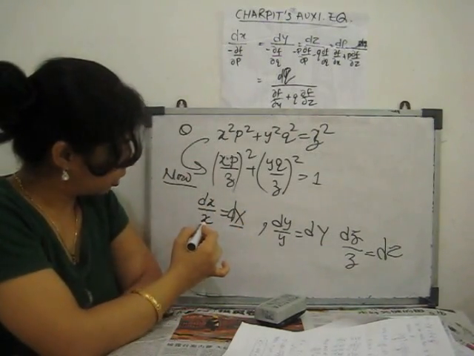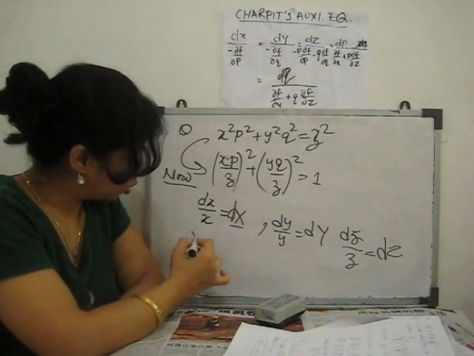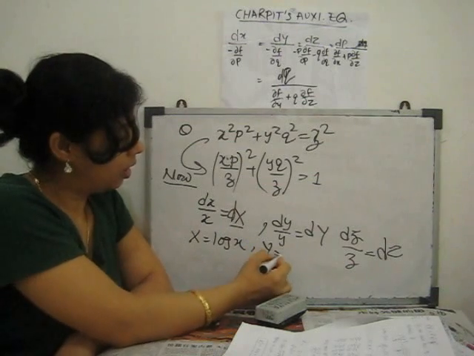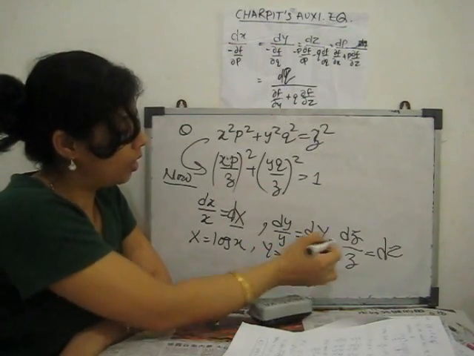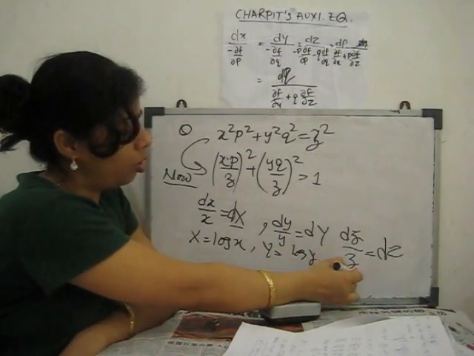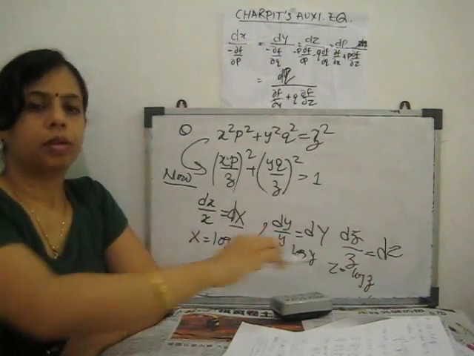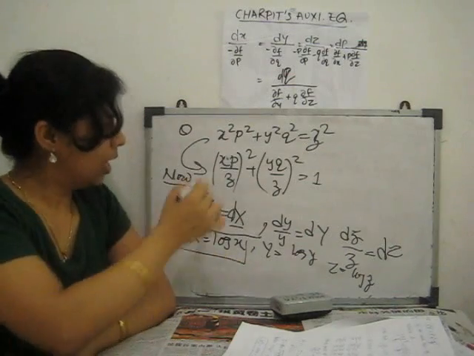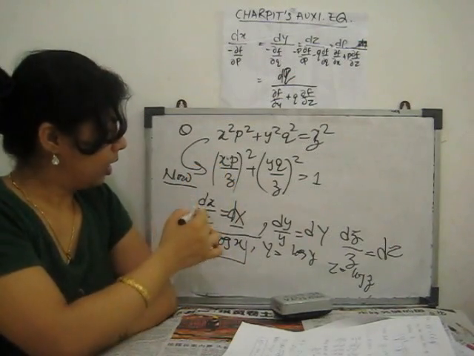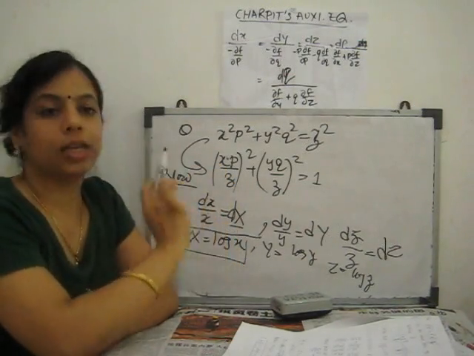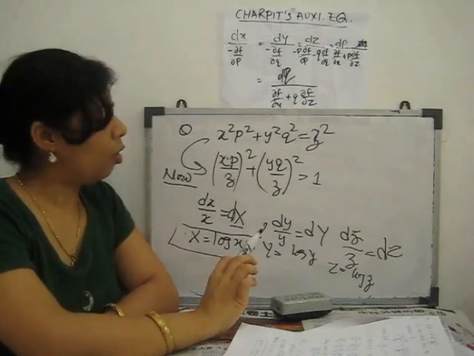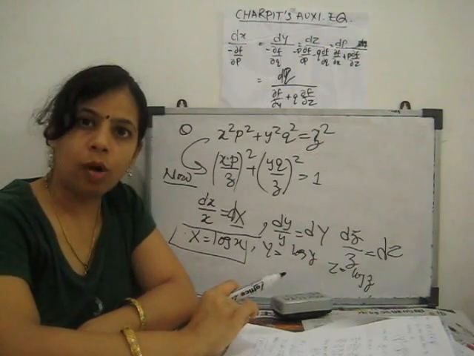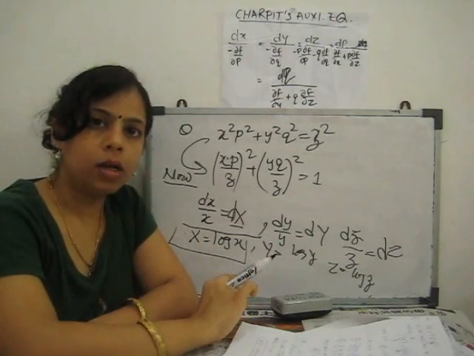Integrate it: dx by x is log x, so capital X equal to log of small x, capital Y is log of small y, capital Z is log of small z. So what is our substitution? At the place of x we substitute here, and dx becomes dx by x. Clear? Now we want to find the value of small p and small q. p is what? del f upon del x.